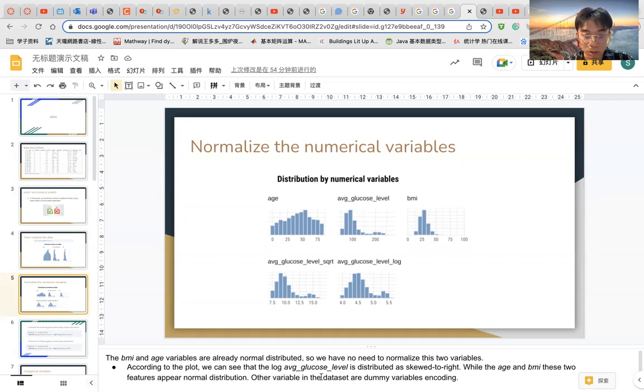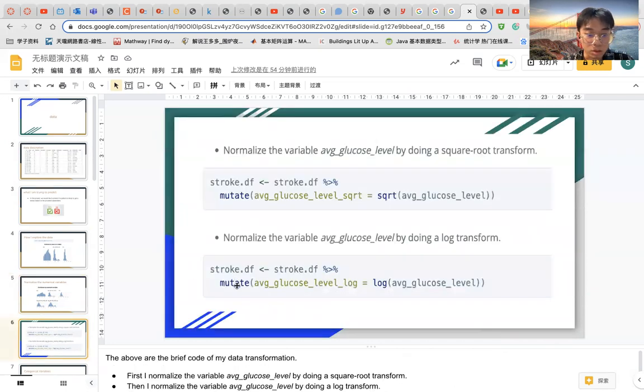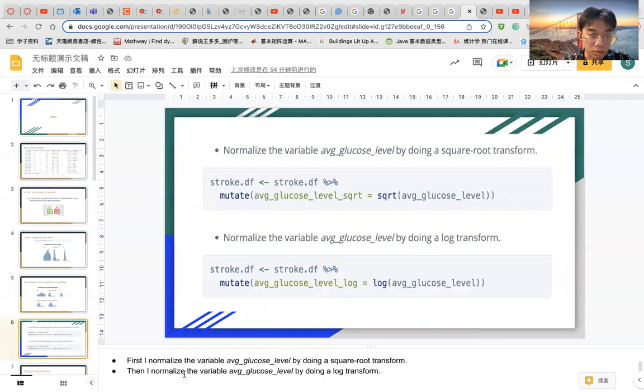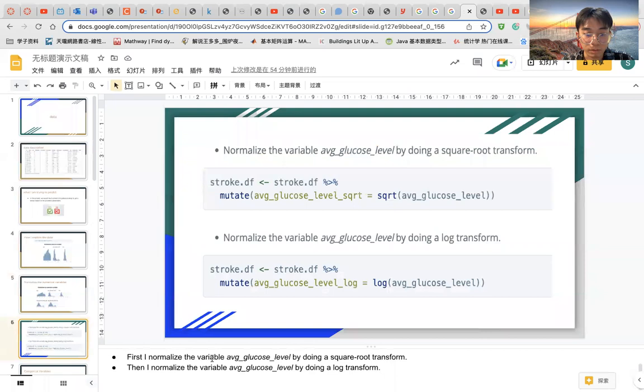Other variables in the dataset are dummy variable encodings. So here's the code that briefly shows how I do the transformation and normalization. First, I normalize the variable average glucose level by doing a square root transformation. Then I normalize the variable by doing a log transformation.